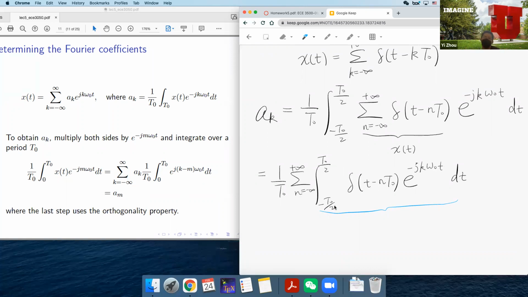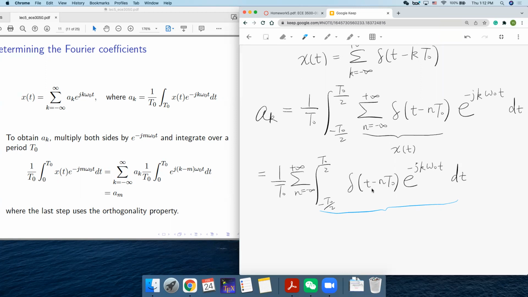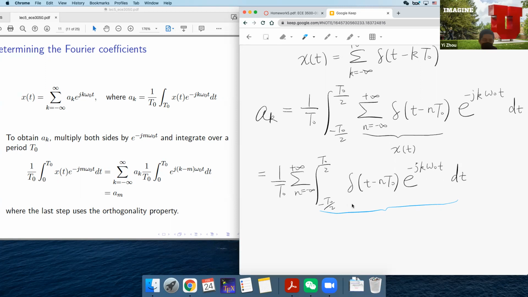But we still have this impulse. How do we deal with this impulse in this integration? So we're integrating the impulse times a function. We have one trick for that. Can we change the limits?